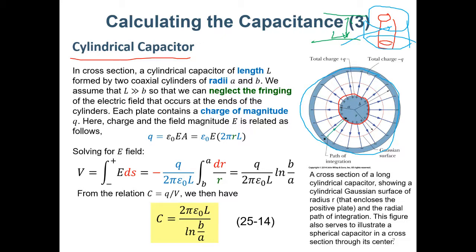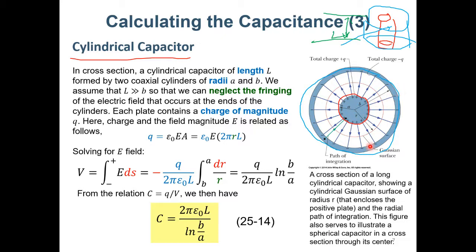It assumes two coaxial cylinders of radii A and B. So this is A. The small radius is A, the large radius is B.